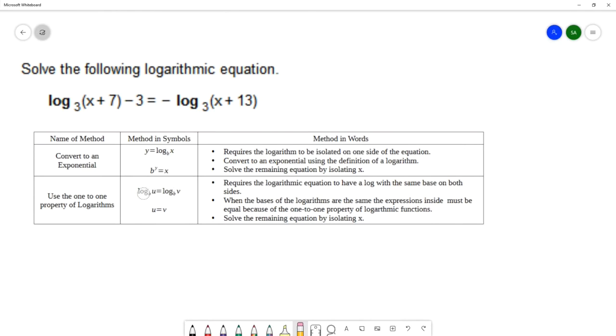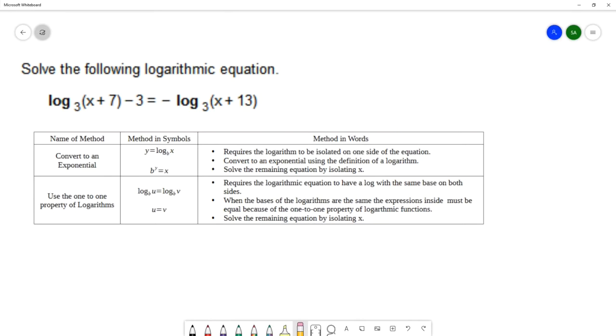Because of this one-to-one property, what's inside the log on the left has to equal what's inside the log on the right. It allows you to eliminate the logs from the equation.